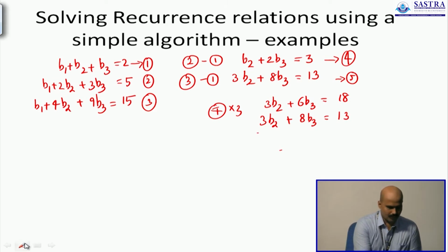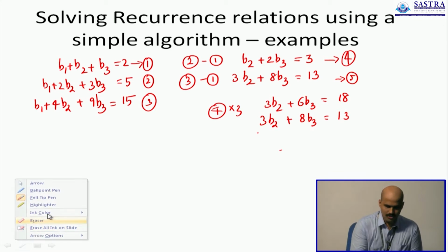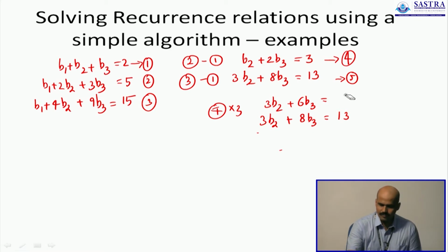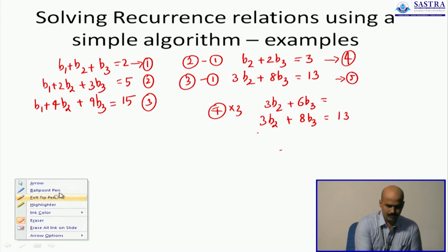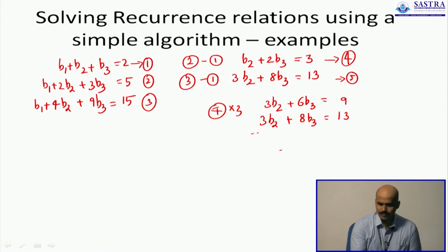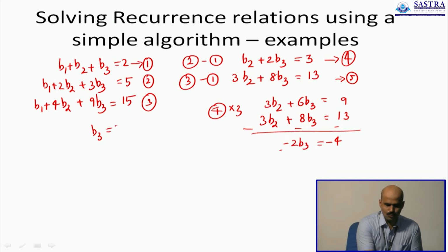Oh, yeah, this is not 18, this is 9. I'll just change that. Subtracting, we have minus 2b3 giving us minus 4, or b3 is 2.